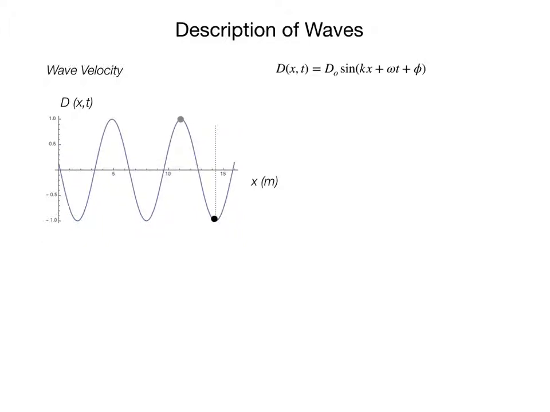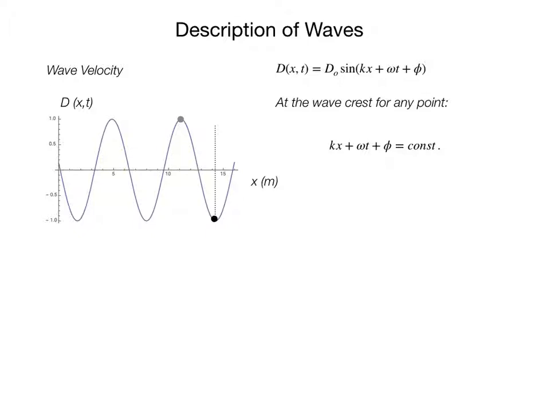Let's look at the function for the displacement, which was d naught sine of kx plus omega t plus phi. I used plus for the omega t term because, again, I'm still working with a wave that appears to be moving to the left, in other words, opposite to my positive x direction. At the wave crests for any point, the argument of the sine has to be a fixed value.